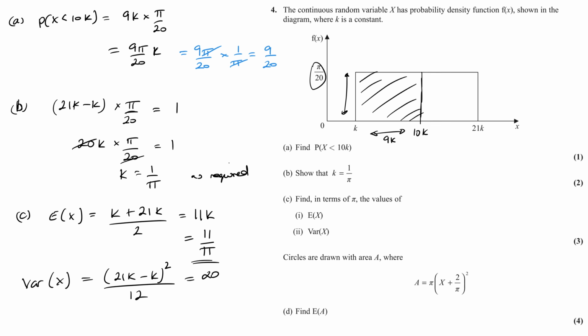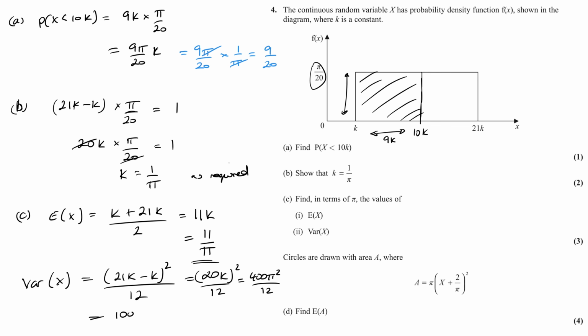And then variance of x is b minus a squared over 12, so 21k minus k, squared over 12. So 20k squared over 12. So k is 1 over pi, so we've got 20 over pi squared, so it's going to be 400 pi squared over 12.